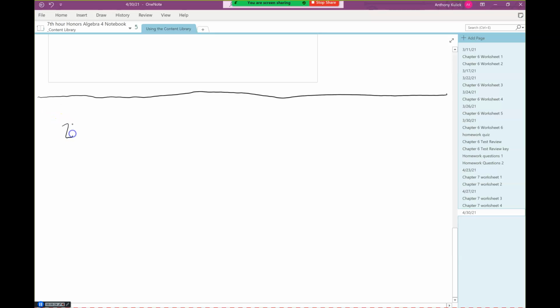So we know 2 to the second is 4, and we know 2 to the third is 8, right? But what power of 2 gives us 6?